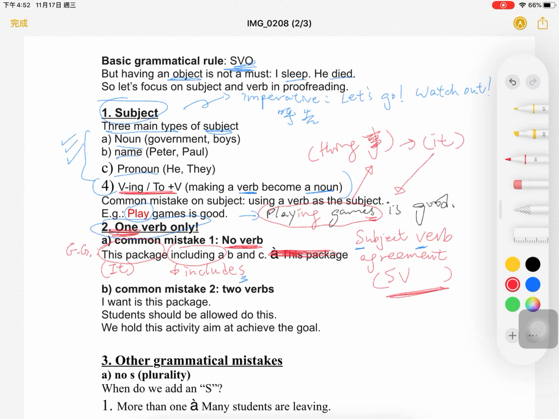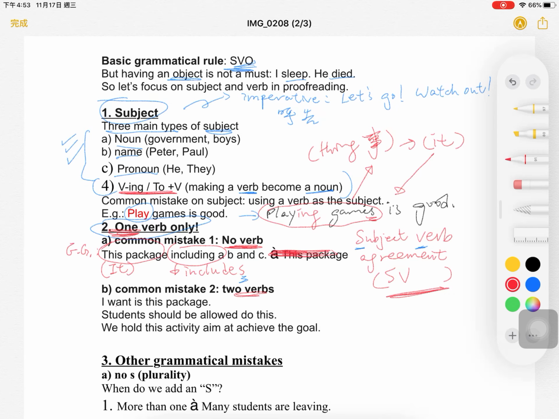Whenever you think about subject-verb agreement, you try to place a pronoun. 當你諗緊主語動詞嘅協調咧，好簡單，你將個主語轉做 he, she, it, you, we, they 咧，你就睇到後面使咪加 s 㗎啦。Another common mistake is two verbs.